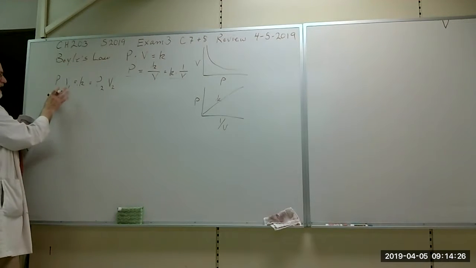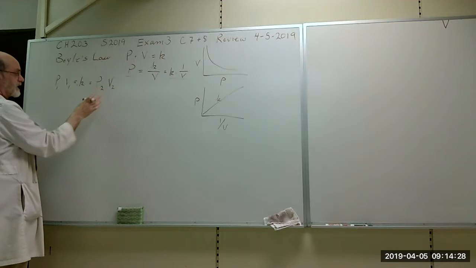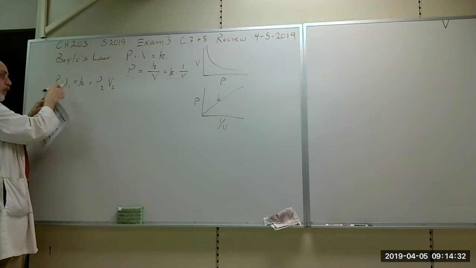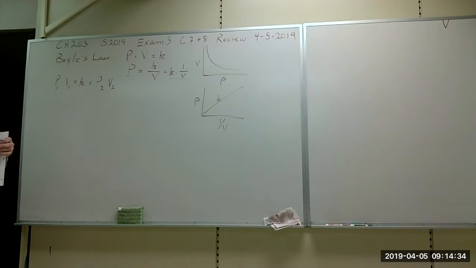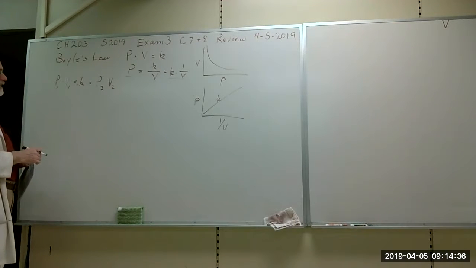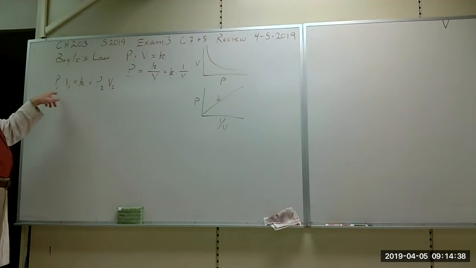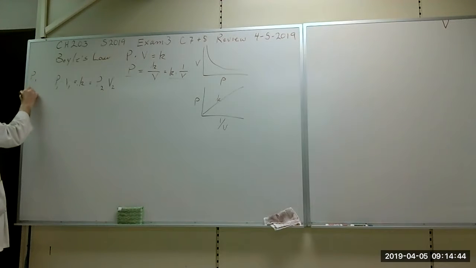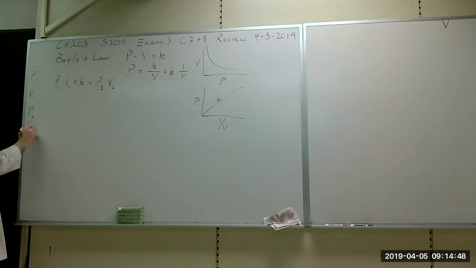If you know beginning conditions, ending conditions, all you need is one unknown and you can solve for it. You just have to be sure that you get them in the right place. That's why when I read a word problem, I just write them on the side here. And then I look at the problem and say, what's the beginning, what's the end?